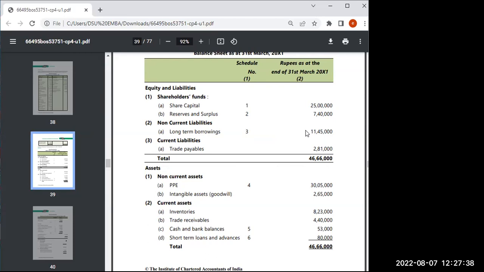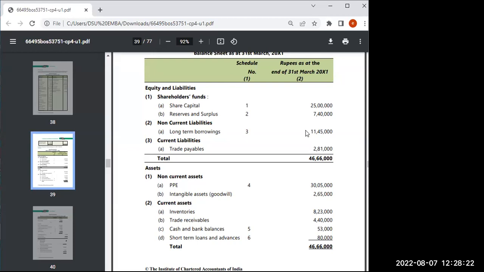So what is the accounting equation first? Equity plus liability is equal to assets. Okay. Now in this question, what is equity? Next line, write it. Equity is equal to share capital plus reserves and surplus. That is equal to how much? 25 lakhs plus 7,40,000. How do I know? It is given there. I have just prepared that balance sheet.